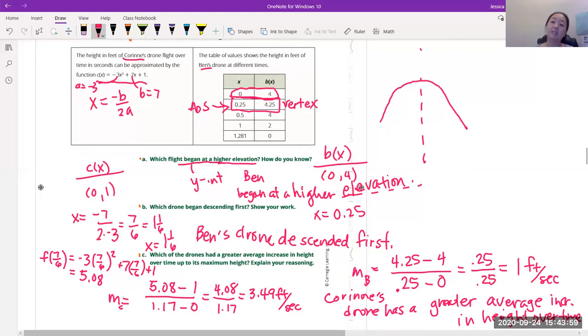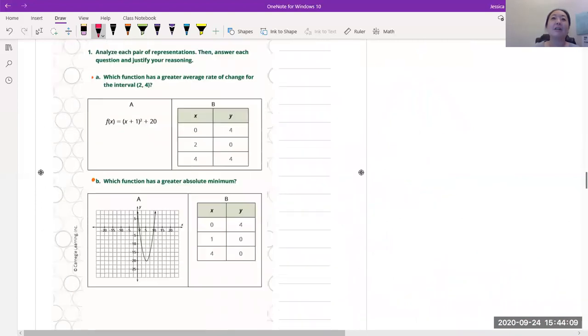Okay, and honestly, I could have just said greater average speed. Oh well. All right, so here we go. If you guys have not tried these, try these out. Pause, take a brain break.